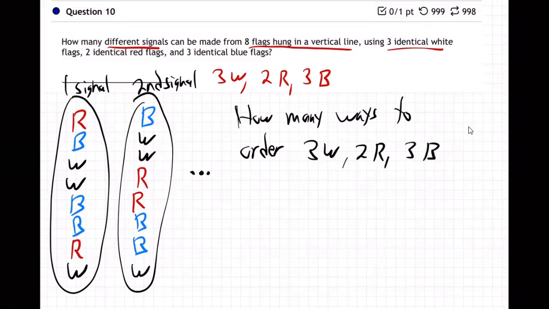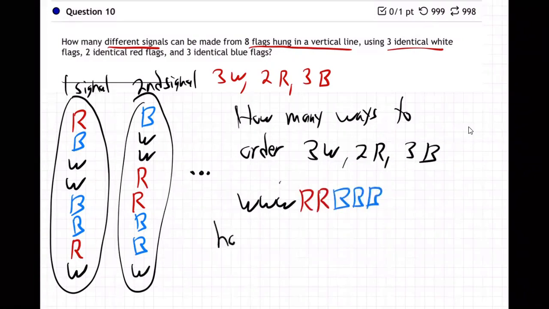Well, do you realize that's the same thing as if they said, look, we have WWW... I'm just getting totally confused now. Let me try again. It's like if you said 3 whites, 2 reds, 3 blues, like letters.